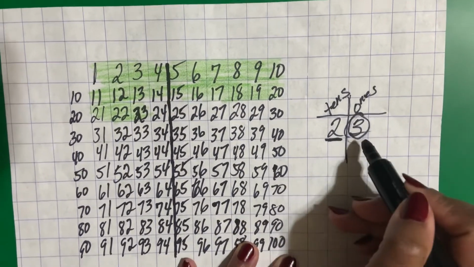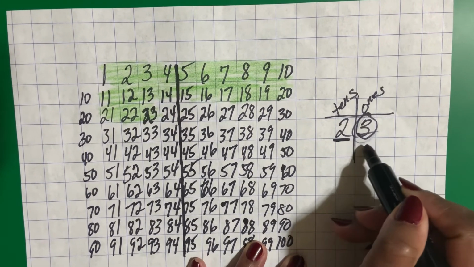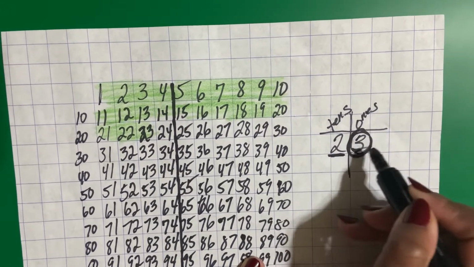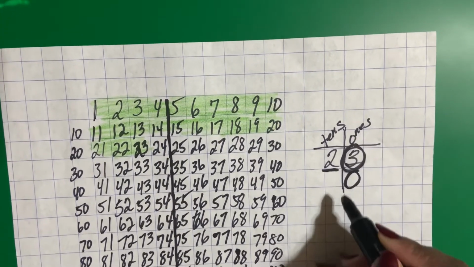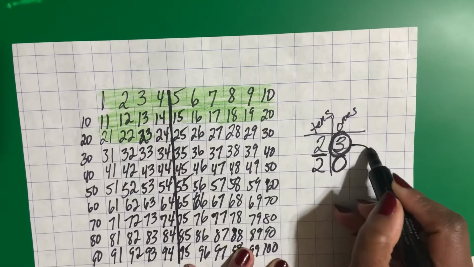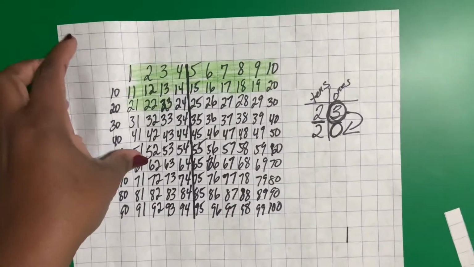So obviously this 3 isn't greater than 5, so I cannot do anything, but that circle around the 3 means that 0 stayed the same. We just dropped it down. And then that 2, we dropped on down. So 23 is rounded to 20. I love rounding. All right.